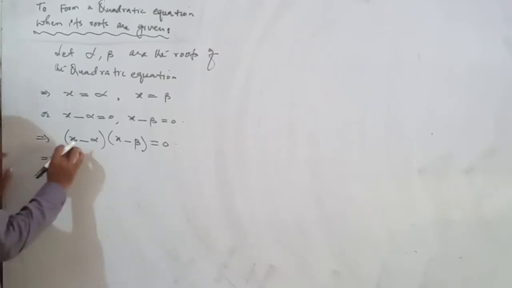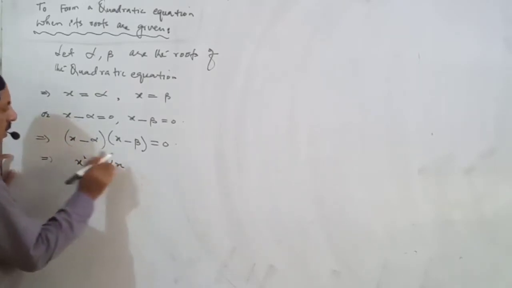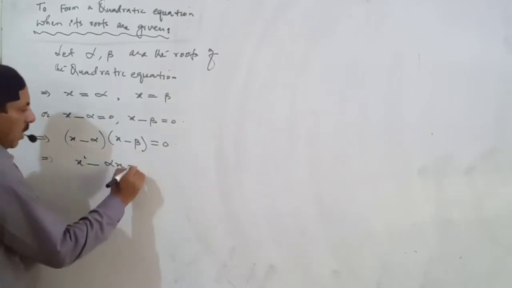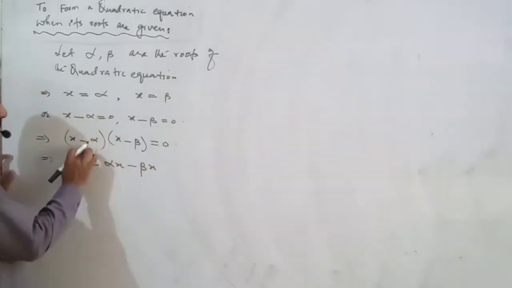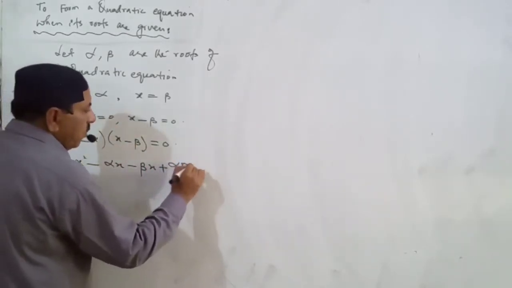So, this will be x into x, x square, x into minus beta, minus beta x, alpha into x, minus alpha x, minus into minus plus alpha beta is equal to 0.